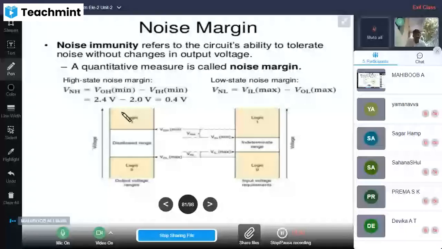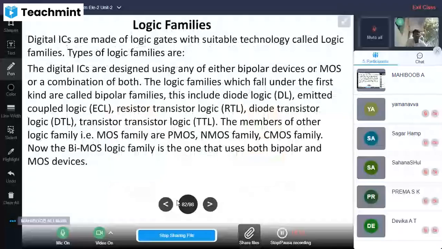That gives 2.4 volts minus 2 volts, which is equal to 0.4 volts. Low state noise margin VNL is equal to VIL maximum minus VOL maximum. This will give you the noise margin. These are the different definitions related to TTL and CMOS IC characteristics.